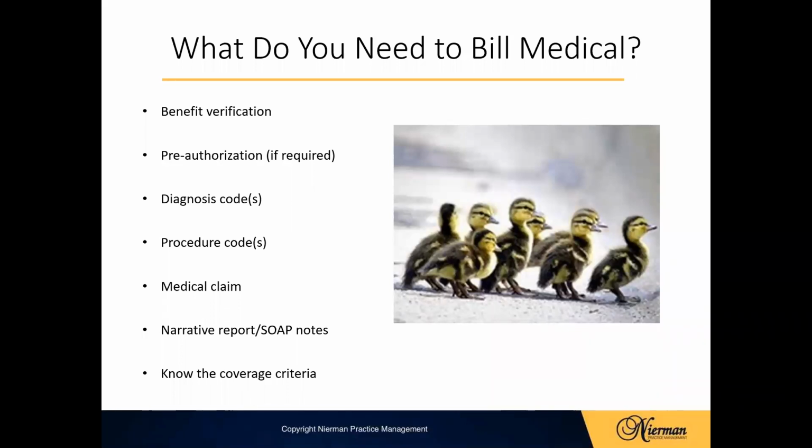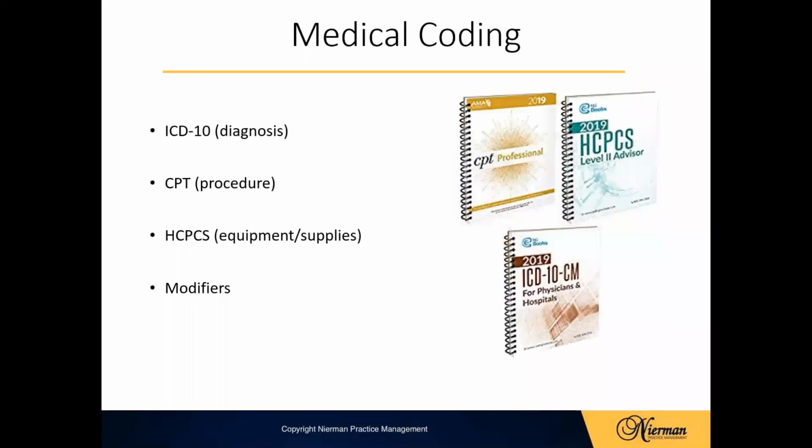And very important is having your narrative report, or what we call your SOAP notes, showing the subjective, objective, assessment, and plan. And again, knowing the coverage criteria will go a long way in knowing what the insurance company wants, so we can give that to them at the get-go before they have a chance to deny it.